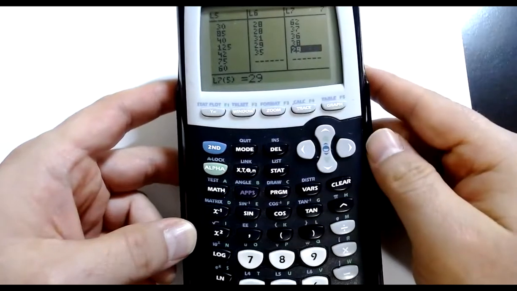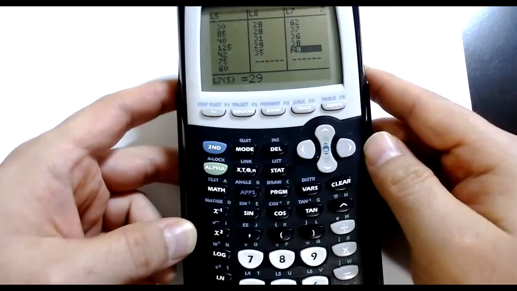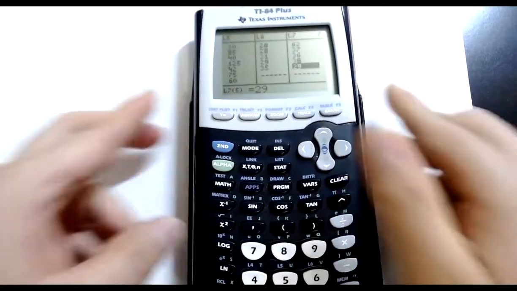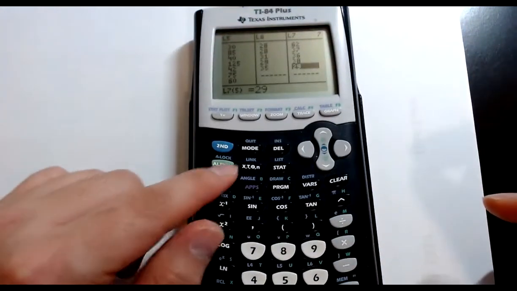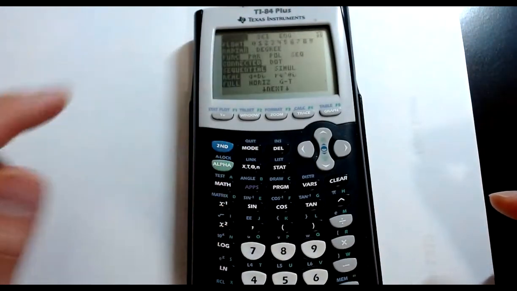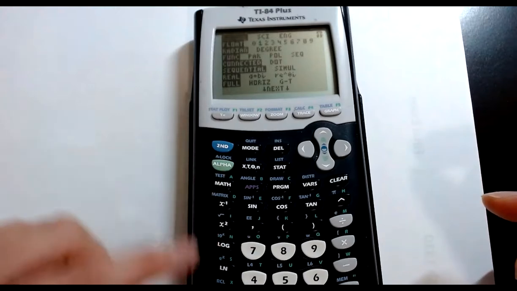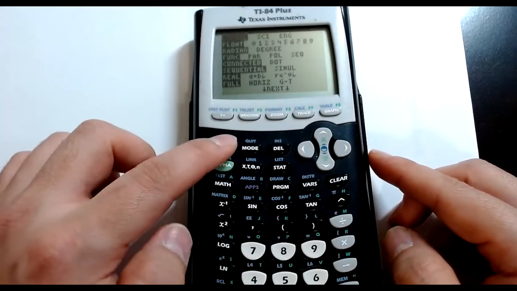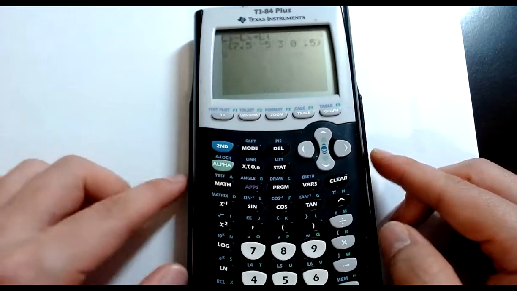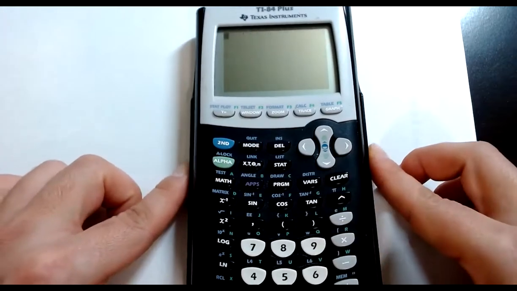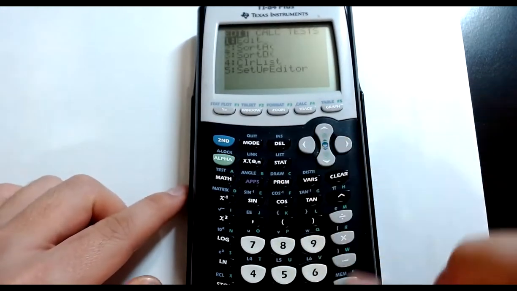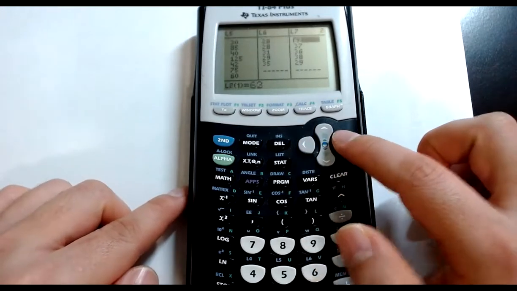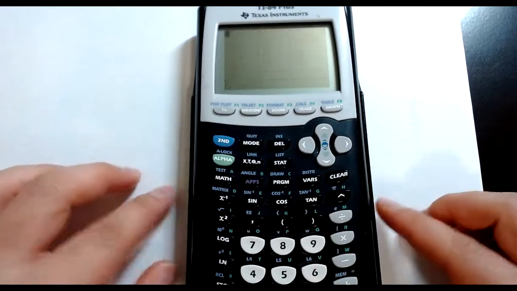You can just enter those two dependent samples in L1 and L2, it doesn't matter.